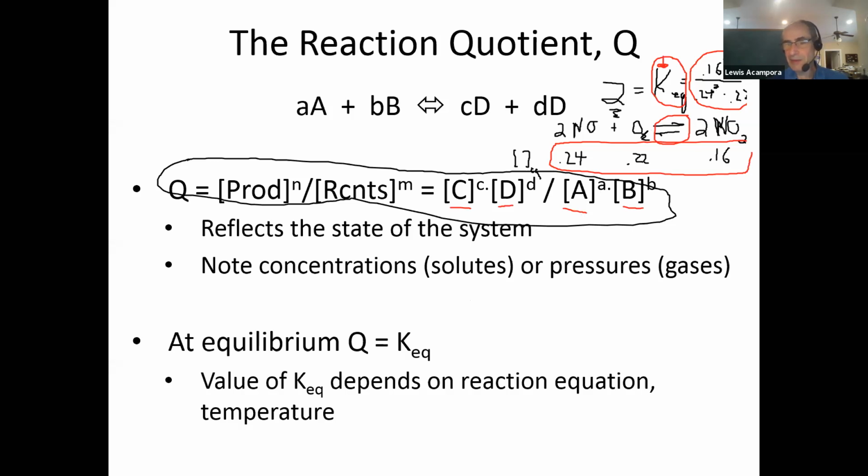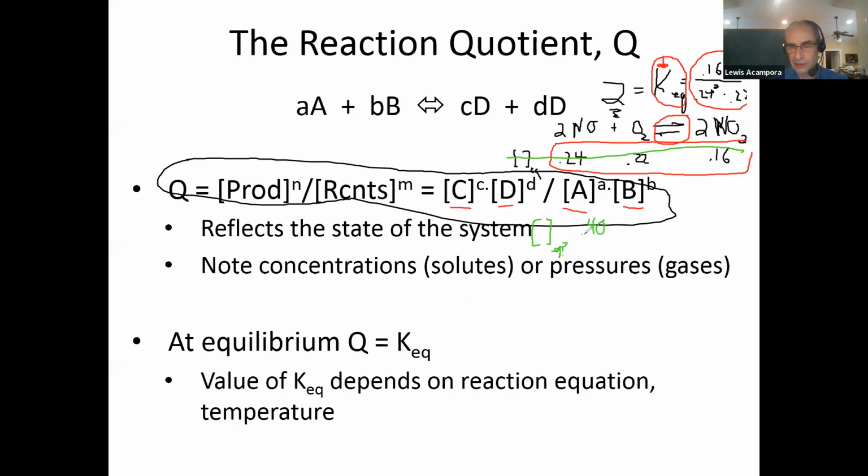The other thing that I should be able to do, and we'll see this when we look at the behavior of equilibrium systems. Let's say I'm given the same reaction, but a completely different set of concentrations. So I have some system here where, well, I don't know if it's at equilibrium, so I'll just put a question mark here. And I've got, this might be 0.4.